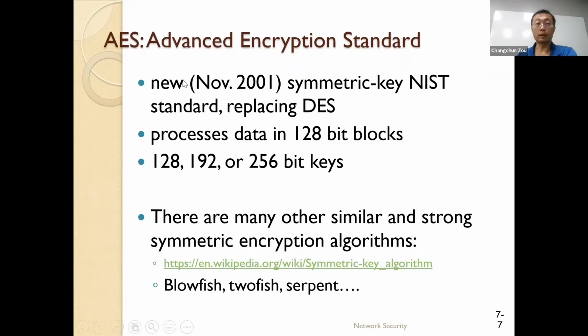The design principle for AES is very similar to DES. Again, it's permutation and substitution boxes, run for many rounds. Actually, AES is just the algorithm chosen by the government. It's not the only second generation symmetric key cryptography. There are many others, like Blowfish, Twofish, Serpent.